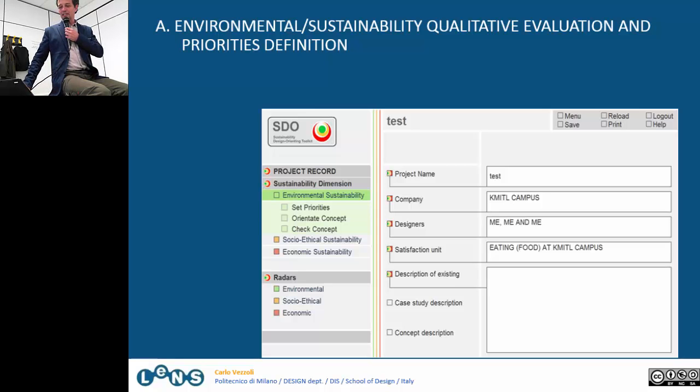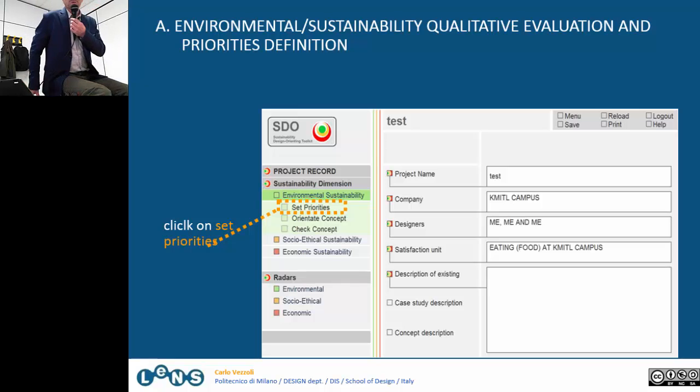So if you go in there, the first, let's say, sub-tool is the one to set priority or to analyze the system in qualitative terms. For example, eating in the Bovisa campus. And how are you going to do that?